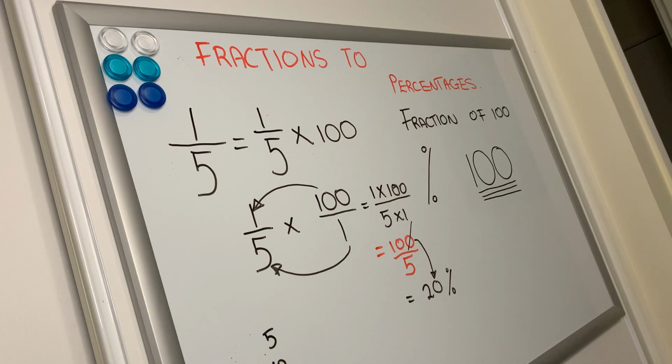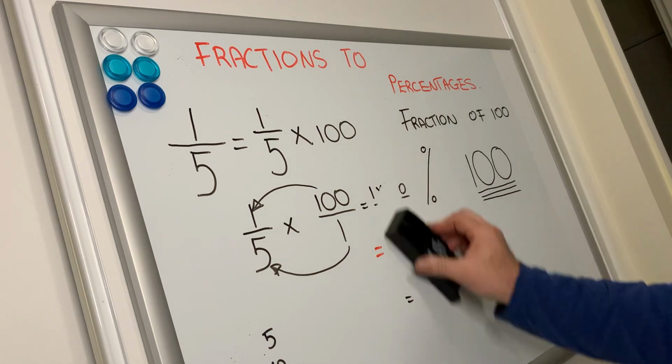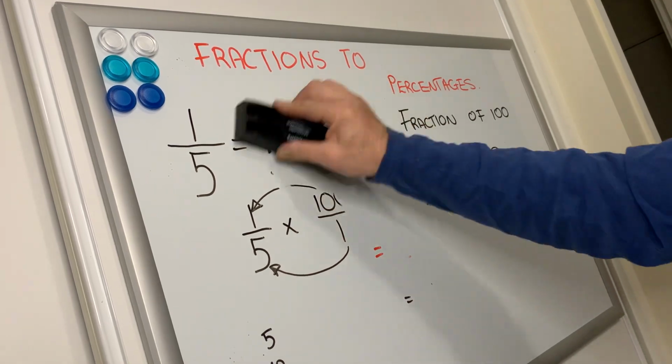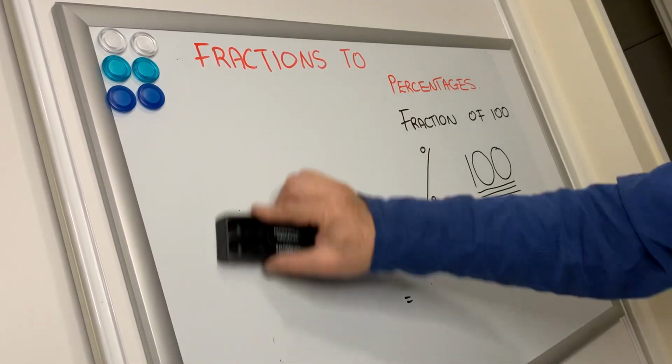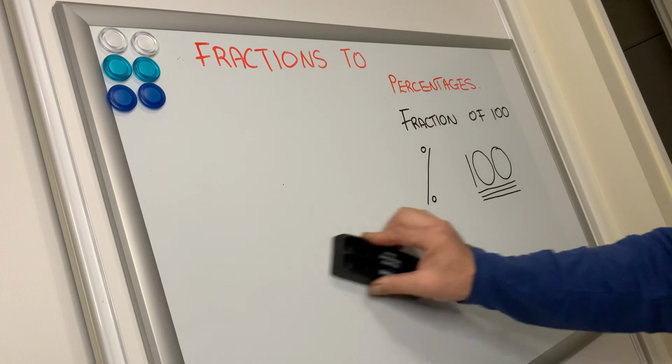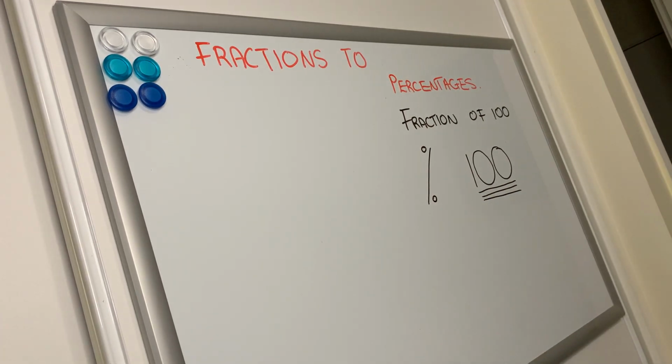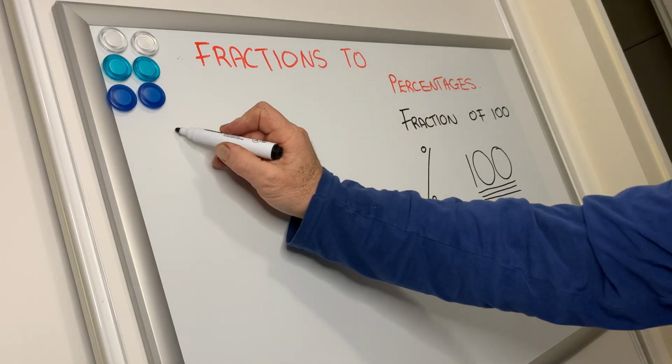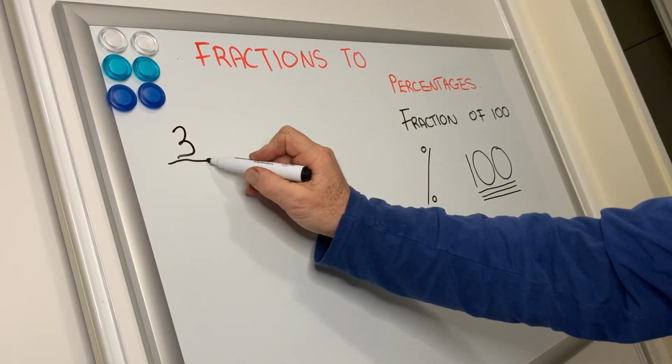The other way of working out percentages is if we go through another example. Let's use an example of 3 divided by 4.